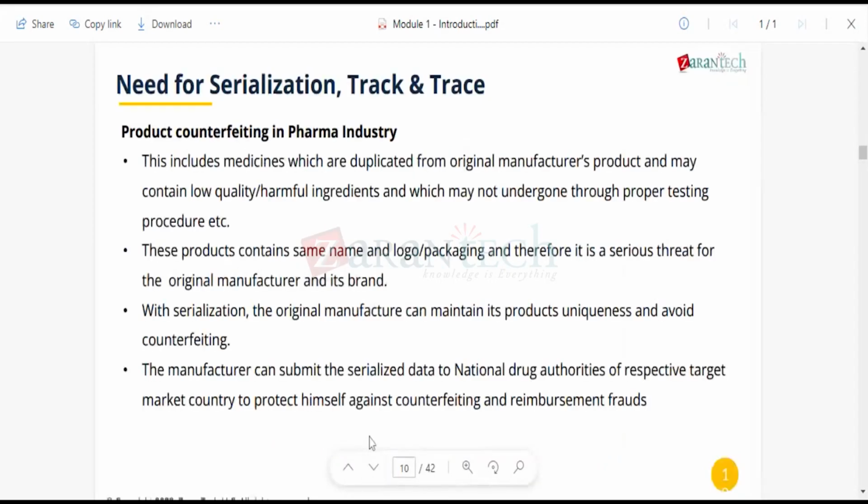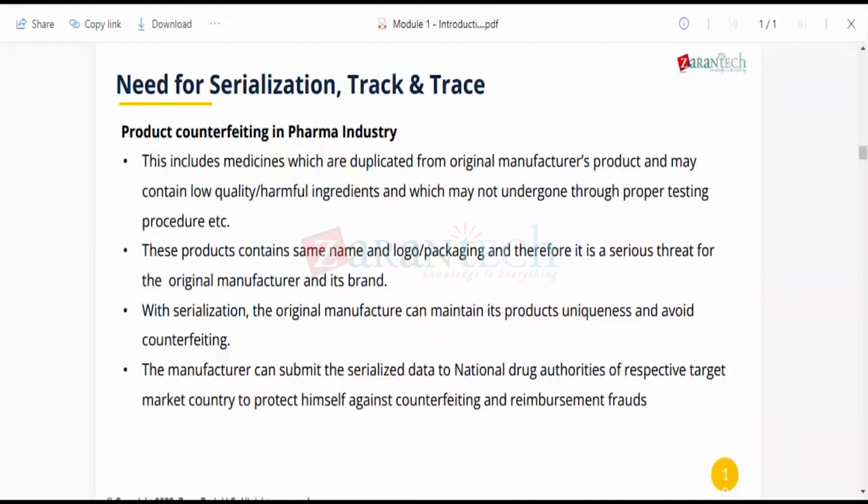So the first thing is product counterfeiting in the pharma industry. Counterfeiting is nothing but duplicate products. Let's say many big pharma companies like Pfizer and Novartis create drugs, and once a drug comes into the market, many small players copy it.